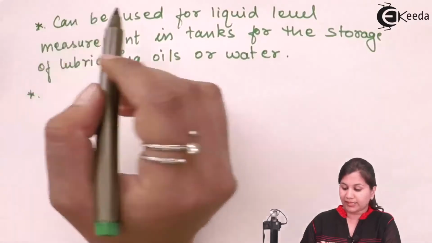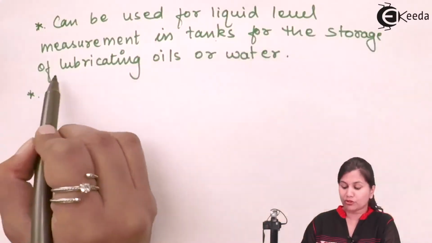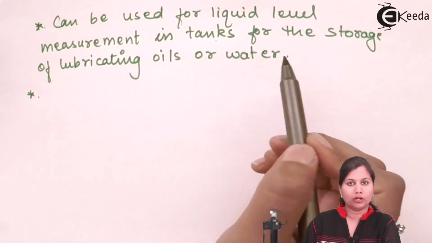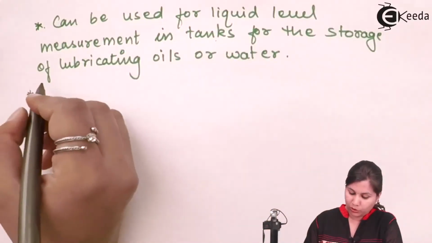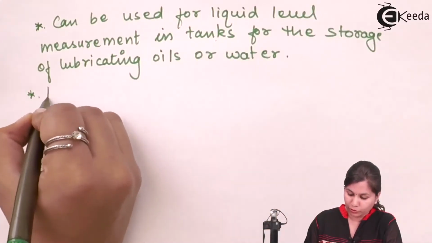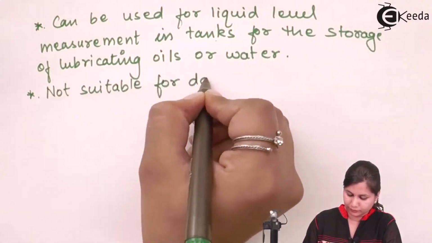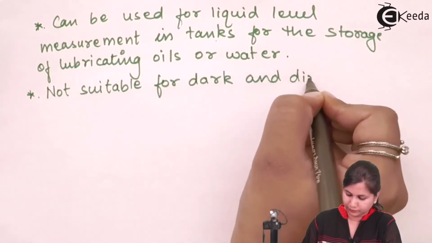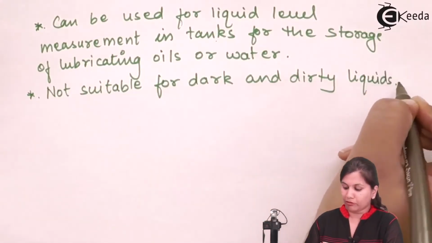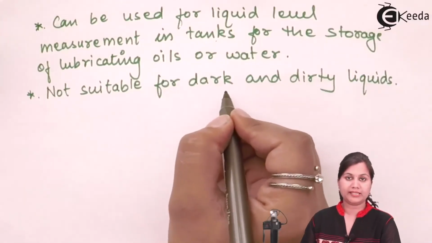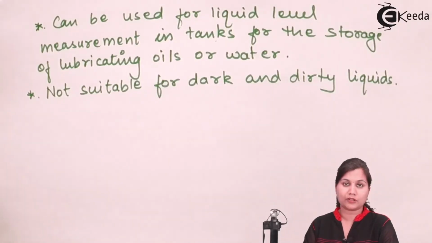Now this method can be used for liquid level measurement in tanks which are used for the storage of lubricating oils or water. Also this method is not suitable for dark and dirty liquids, because for dark liquids it will not be easy for the observer to take the readings, even though it is a transparent glass tube.